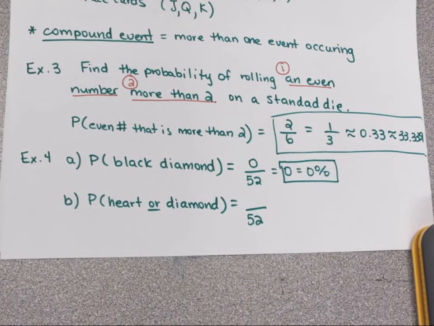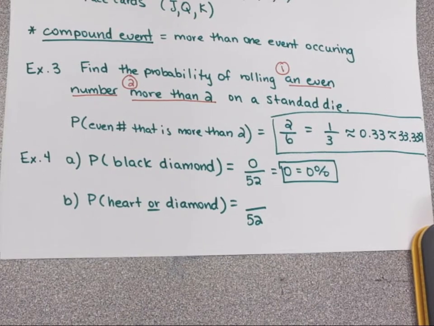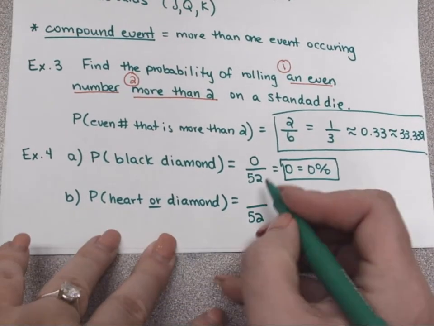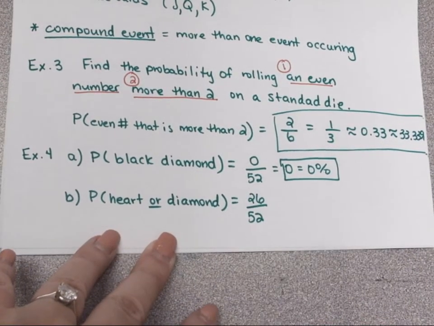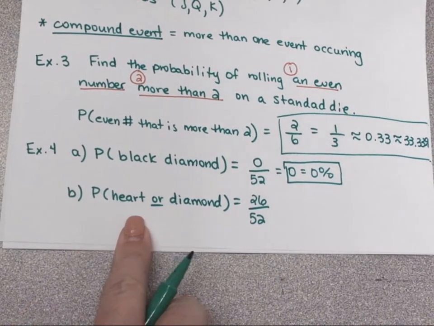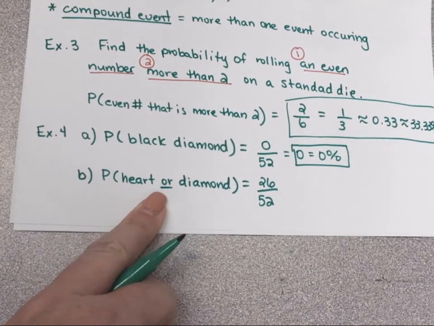Okay, so what about hearts or diamonds? So we already said there's how many suits? 4, right? So if you split up the deck into 4 sections, there's 13 of each type, right? 13 of each suit. So if you have 2 different suits, then how many would that be? 26, okay? But what might have been a nicer way to think of that? I have 2 suits that I'm interested in, right?